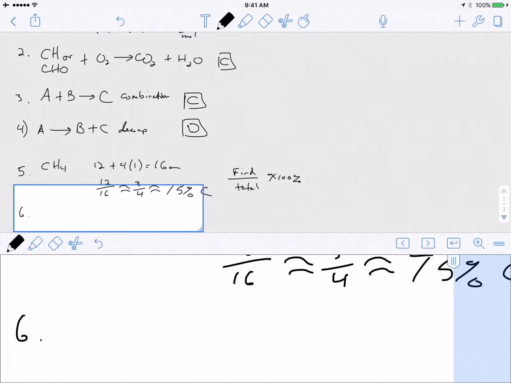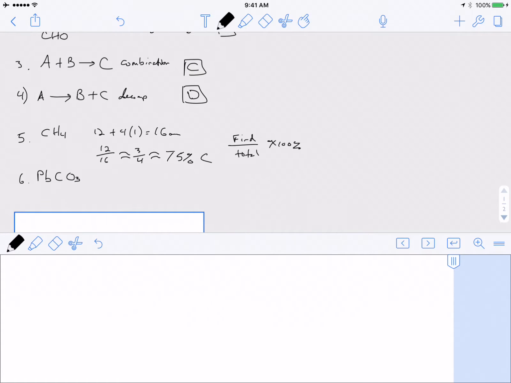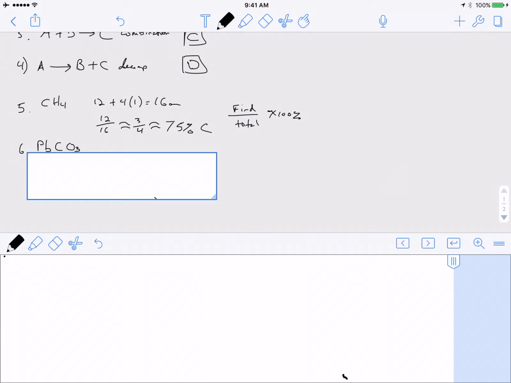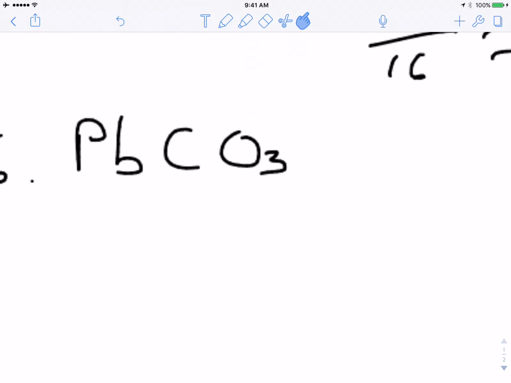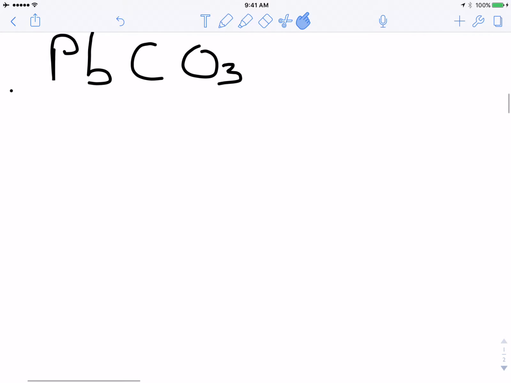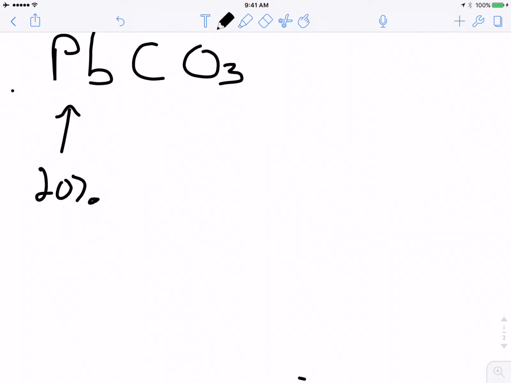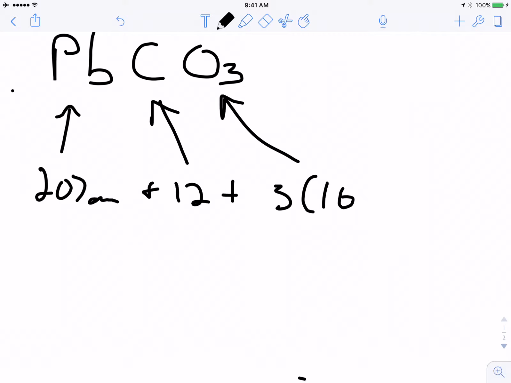Number 6. Similar question. PbCO3. What is the mass percent of lead? Well, lead is 207 AMU. Carbon, that's 12, plus 3 times 16 for the oxygen.